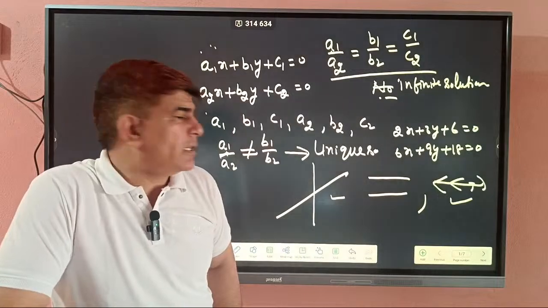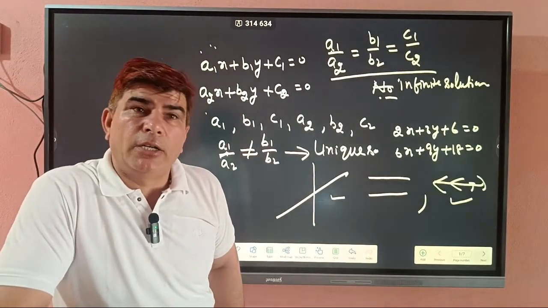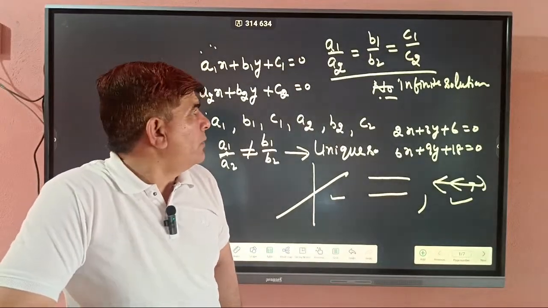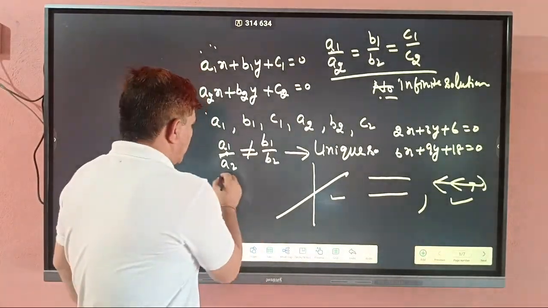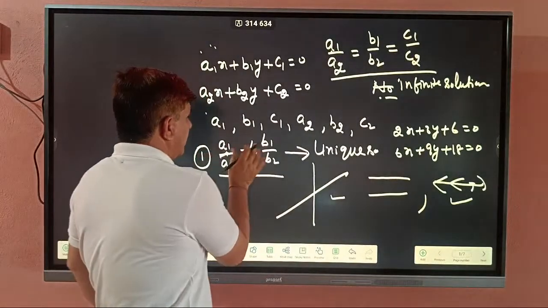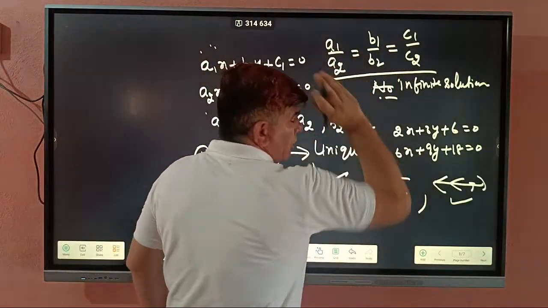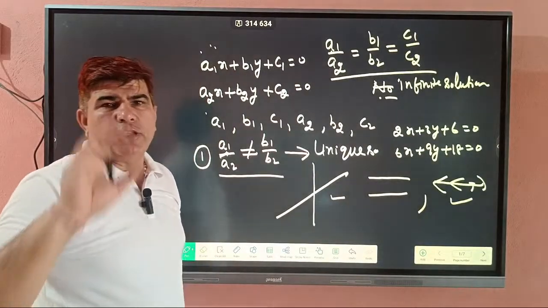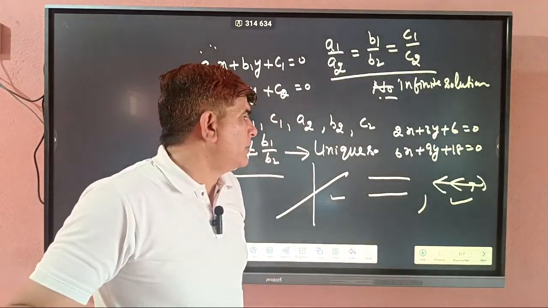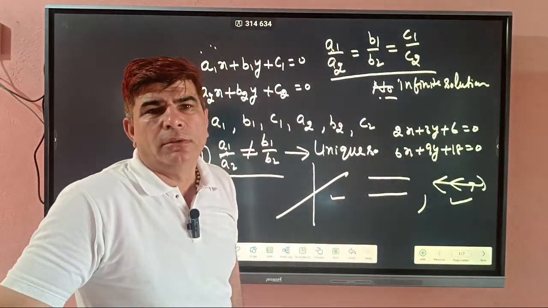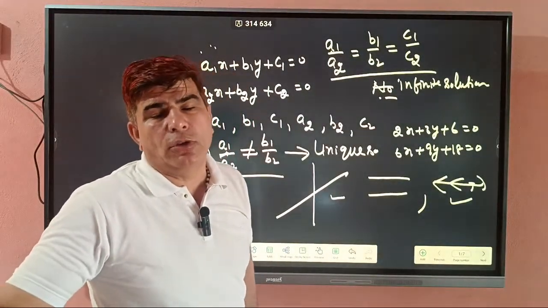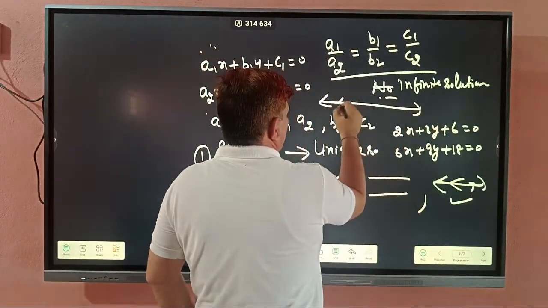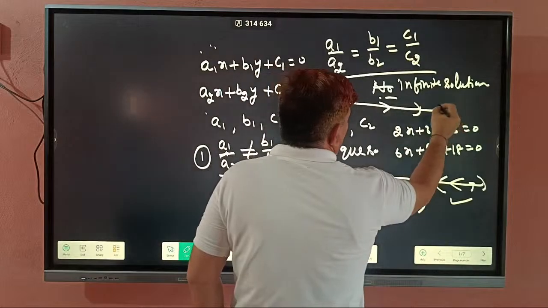This type of line is called coincident, and there are infinitely many solutions. One condition is this, the second ratios are equal, and then the third also equal. Then there are infinitely many solutions and the lines are coincident. One line lies on the other, so this is line 1 and another line also lies in this way.